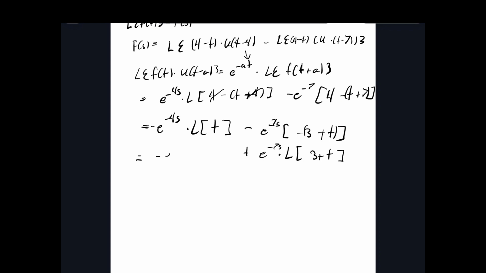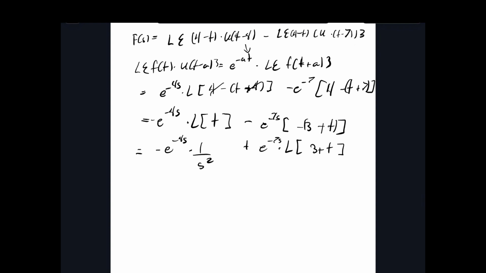So my left one will be e to the negative 4s times 1 over s squared. And then my second one will be e to the negative 7s times 3 over s plus 1 over s squared.